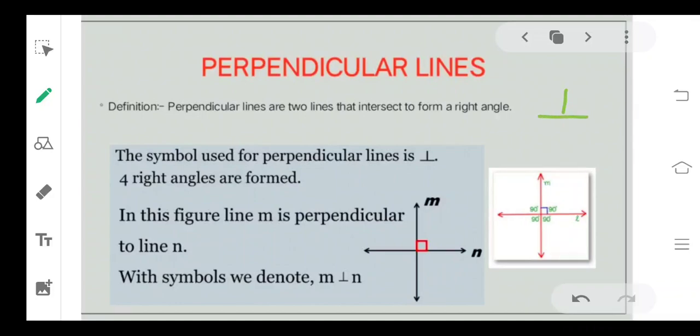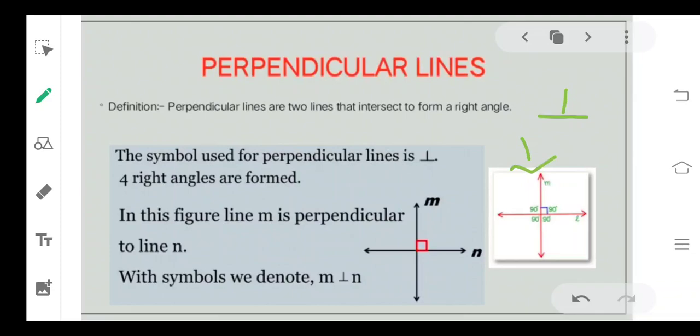Students, one more thing that I want to make clear: in this adjoining figure you can see there are a total of 4 right angles formed, because each angle creates 90 degrees.